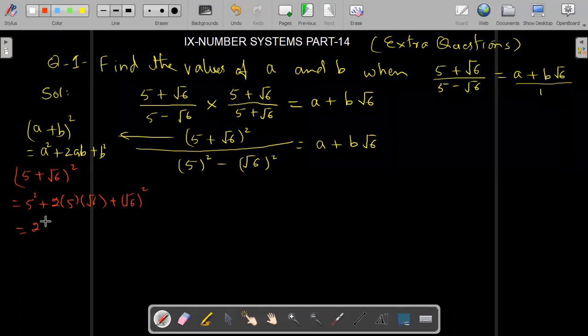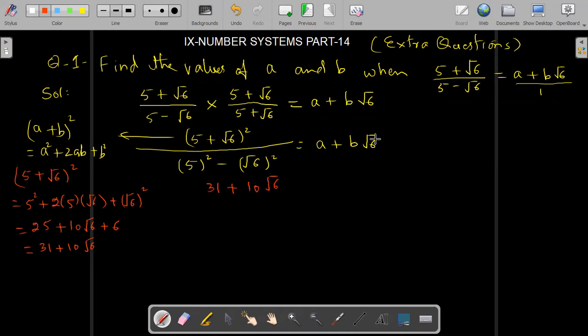So this will become 5 fives are 25, plus 5 twos are 10 root 6, and root 6 square is 6. So 25 plus 6 is 31 plus 10 root 6. This value is solved. So we got 31 plus 10 root 6.